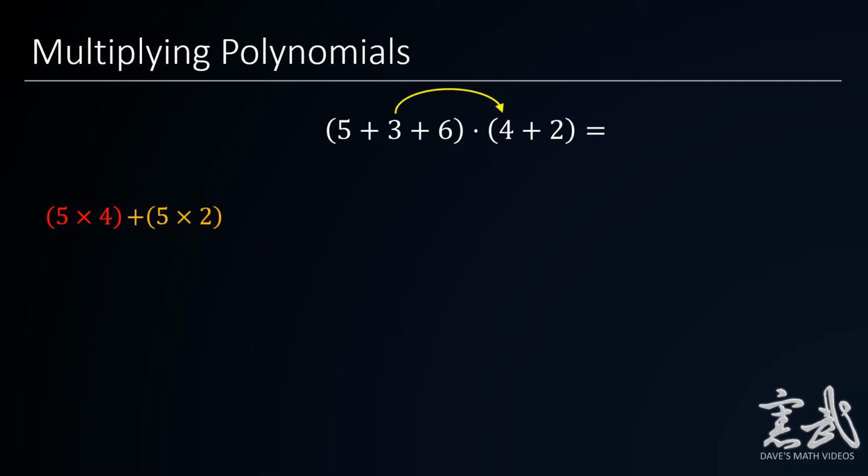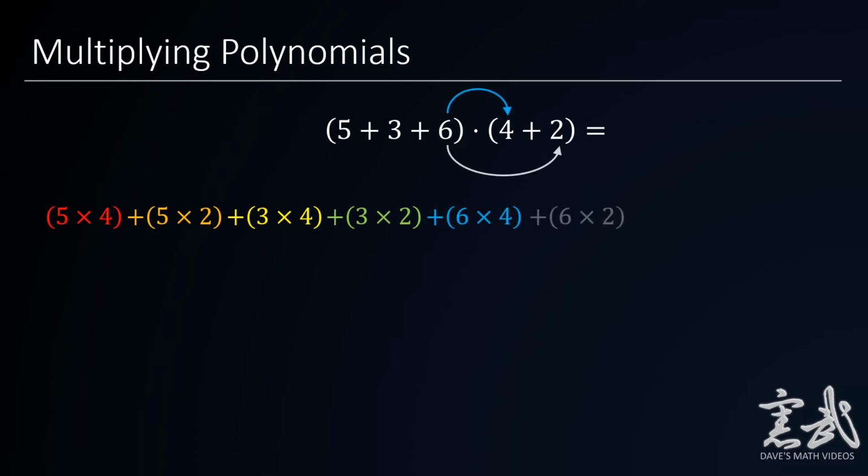Then we moved on to the second number in the first factor and multiplied it by the first number in the second factor. And then we multiplied the second number in the first factor by the second number in the second factor. And we continued to do this until we reached the end of the line.